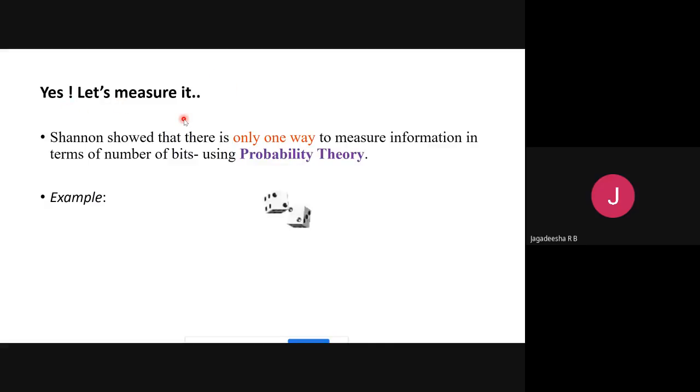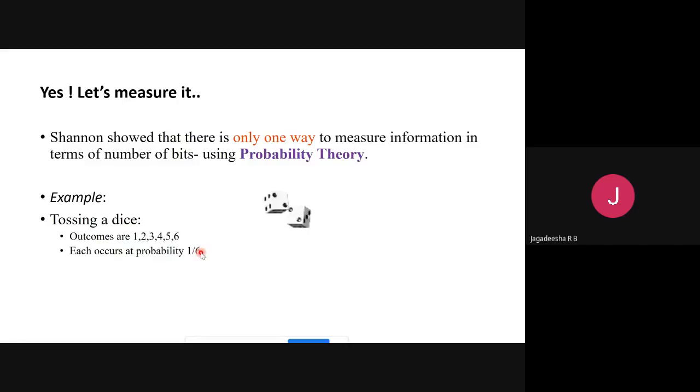Let us measure it. Shannon said we can measure it using probability theory, and that is the only way to do this. For example, consider tossing a die. What are the different outcomes once you throw it? It can be one, or two, or four, or five, or six, any one of these. So the occurrence of every event has a probability of 1 by 6.